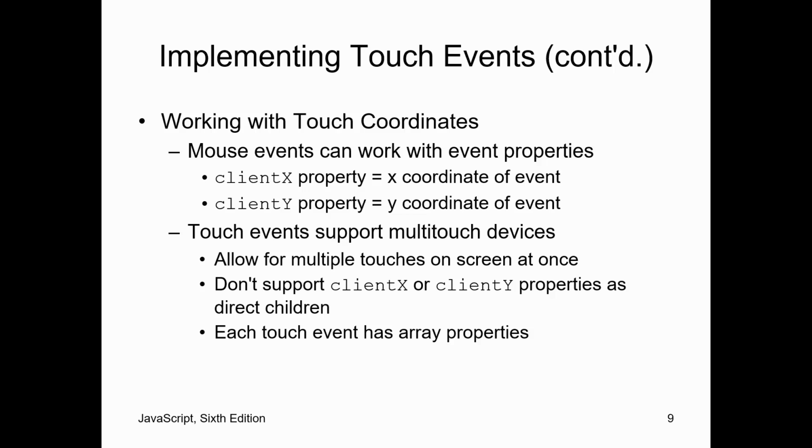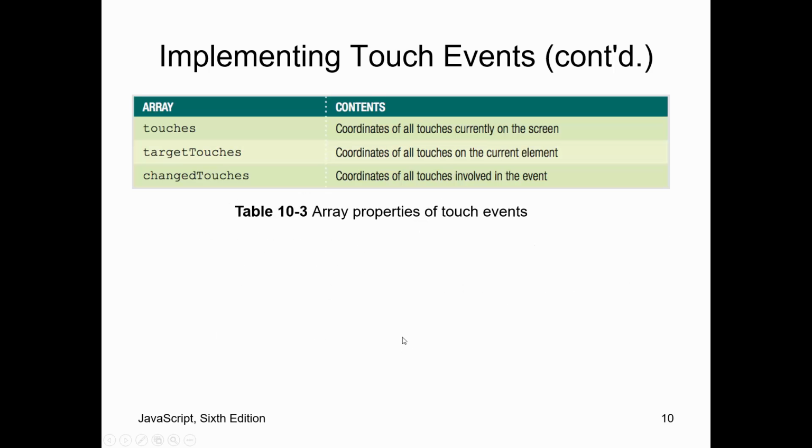They don't support clientX and clientY, which makes it harder if I'm doing a program on a mobile device, say a game where I have to move around. It's easier on a non-mobile device to work with clientX and clientY to have your X and Y coordinates. Each touch event, as it says, has its own array properties. Here they are.